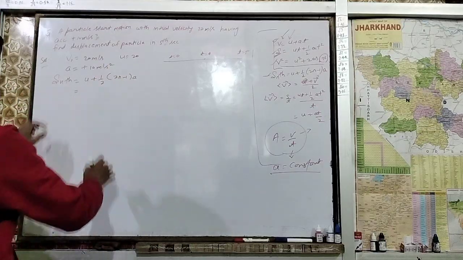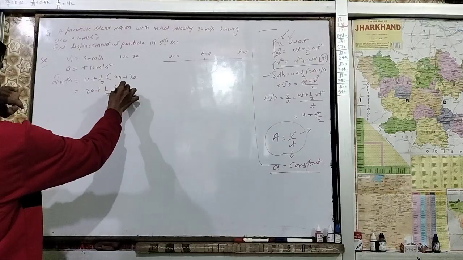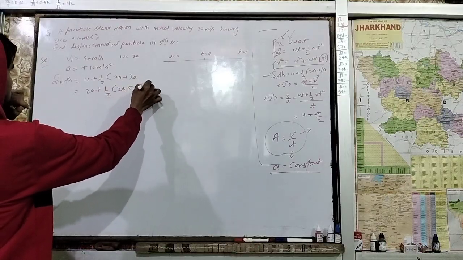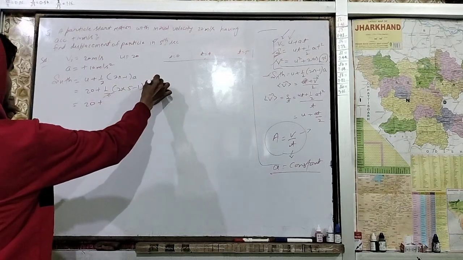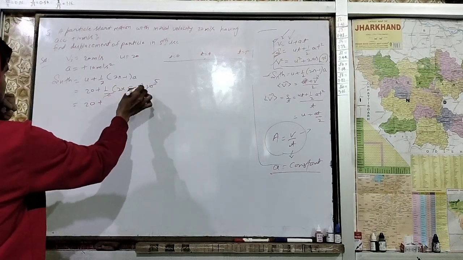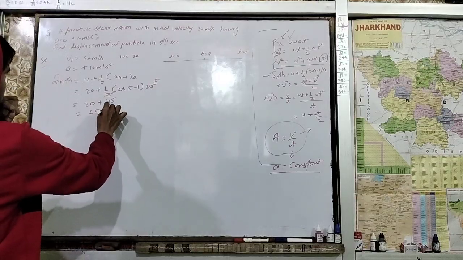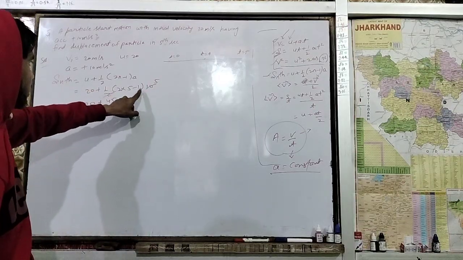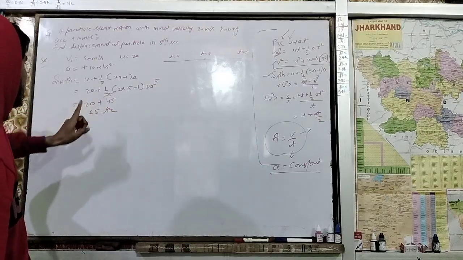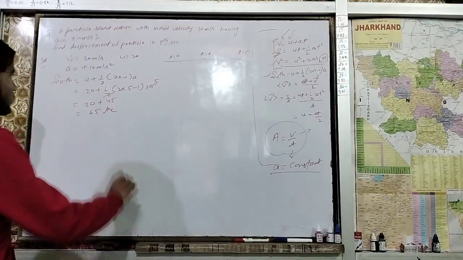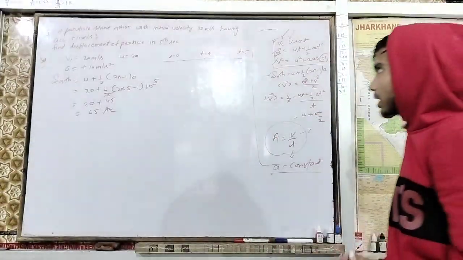So u is 20, 1 by 2 multiplied by 2 times 5 minus 1, a is 10. 2 5s are 10, minus 1 is 9, 9 5s are 45. 20 plus 45, 65. So 65 is our total displacement in 1 second, in the 5th second.